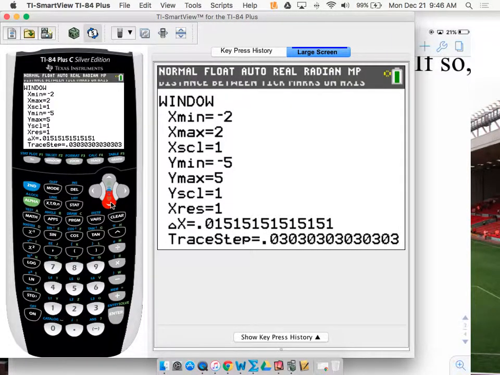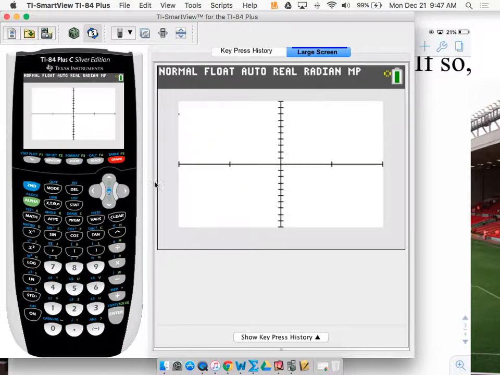And then this should probably be like negative 10 and positive 10. Okay, so we figured out that we have horizontals at 0, 1, and negative 1. So negative 1, 0, and positive 1.